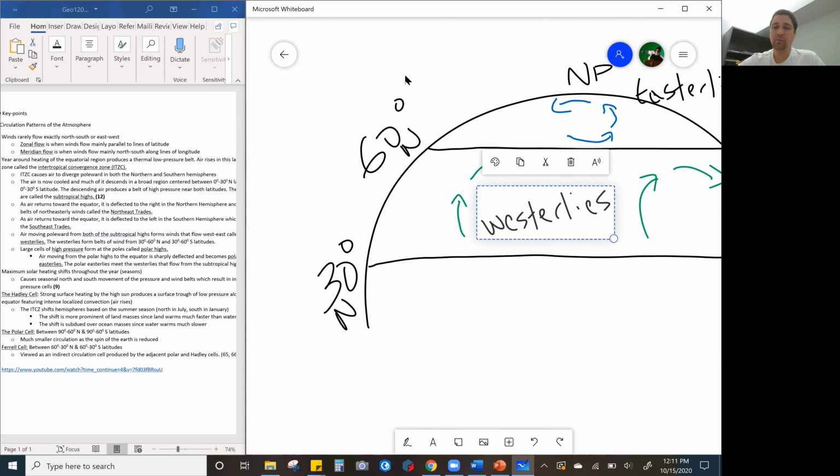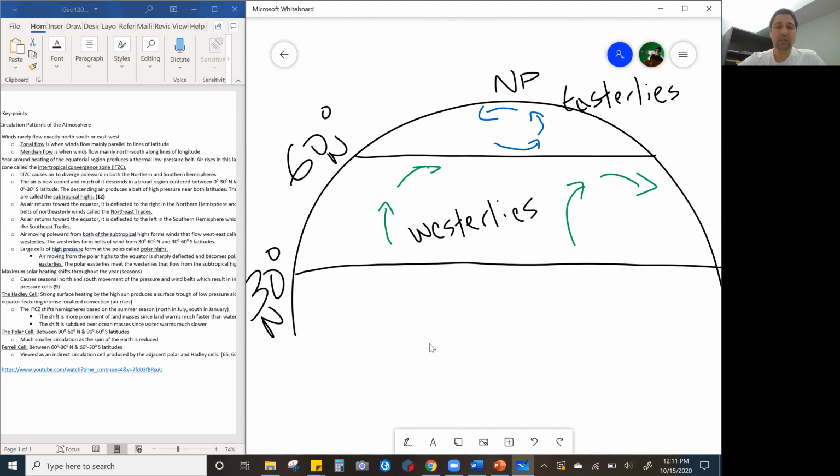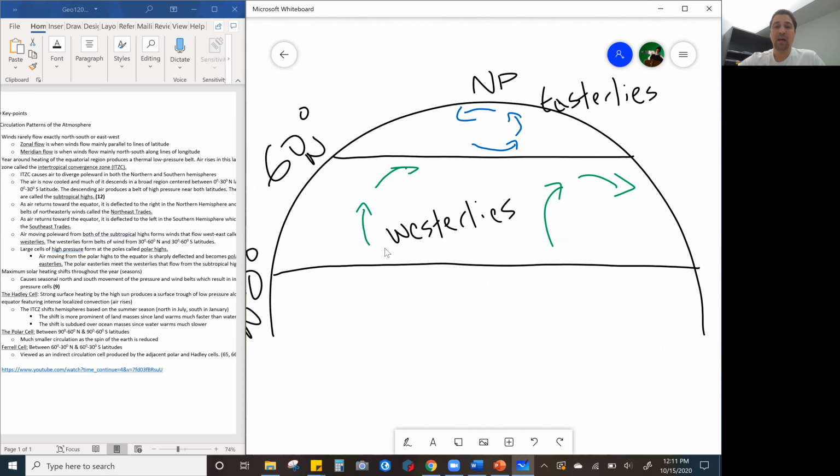Once we get to that 30 degrees latitude, the same type of cycle happens beyond 30 degrees, where air continues poleward. In this instance, the air circulates clockwise.